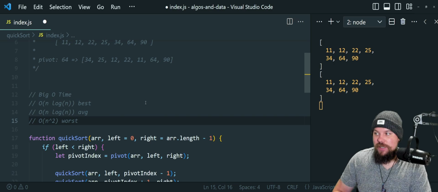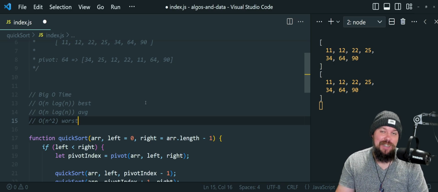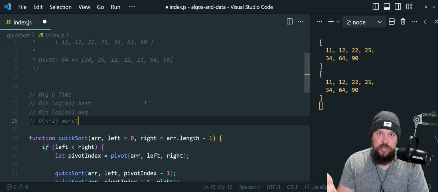Worst case, again, this occurs when the pivot element is either the smallest or the largest. So like if I found the smallest element by happenstance the first time, it'll lead to a very unbalanced partition, and that will require more and more recursive calls to eventually figure out that, oh, that was the smallest element, right?